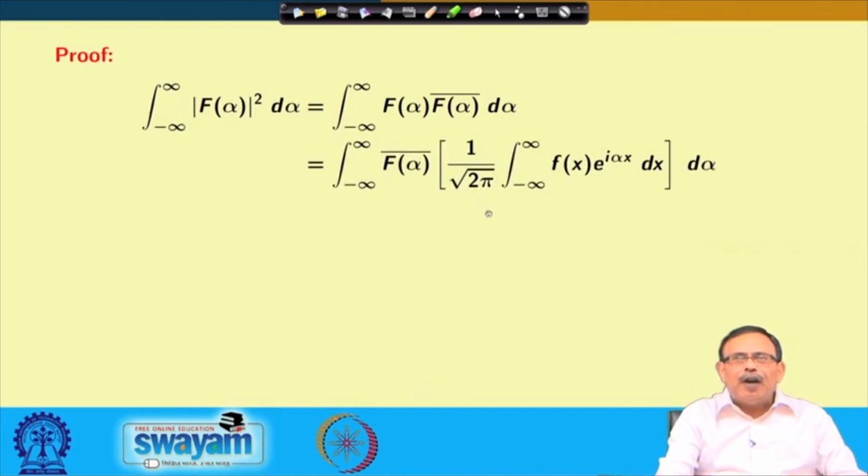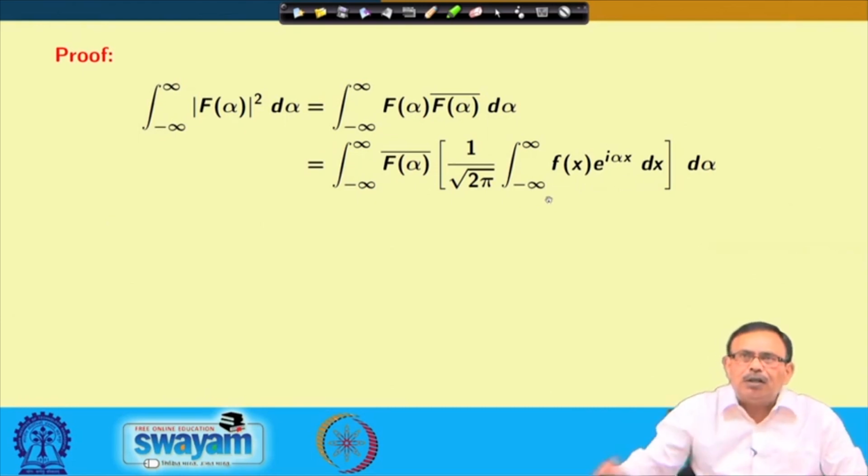I know F(alpha) is nothing but the Fourier transform of f(x), and from the definition I am writing it as 1 by root 2 pi, integral from minus infinity to infinity f(x) into e power i alpha x dx into d alpha, using the definition of capital F(alpha), that is the Fourier transform of f(x).